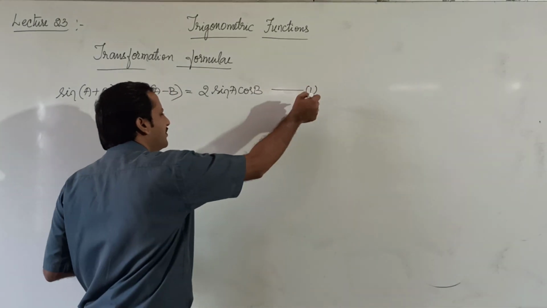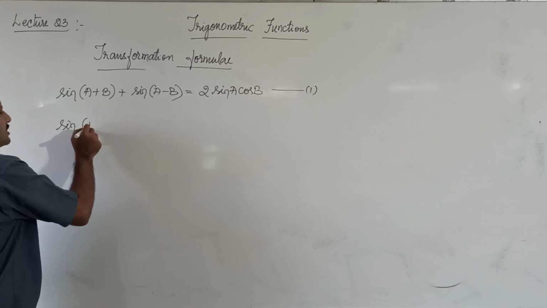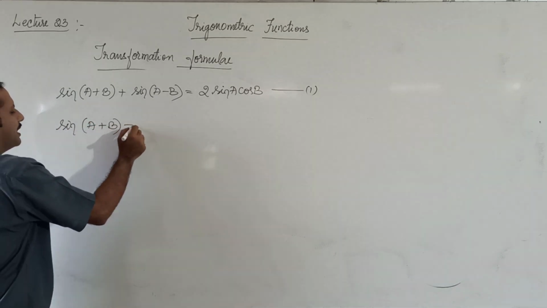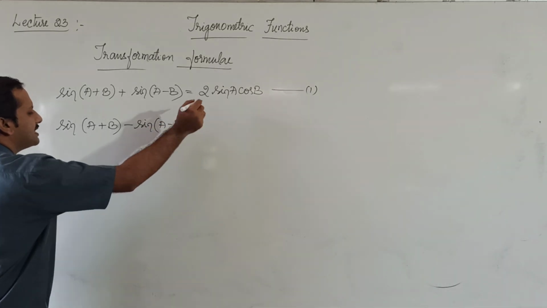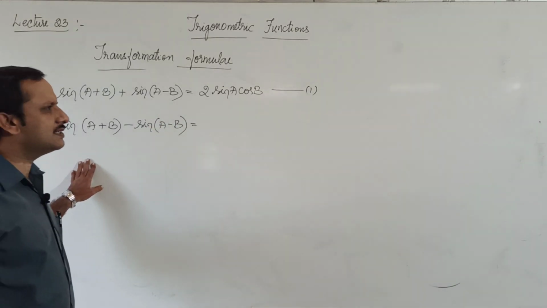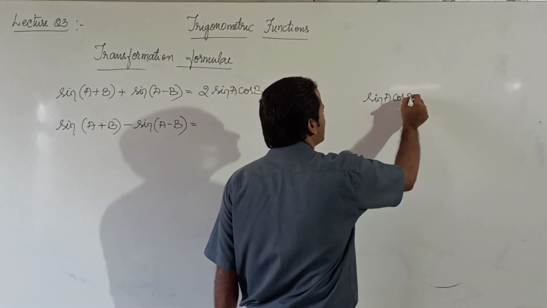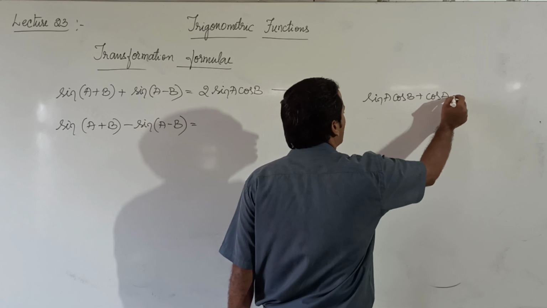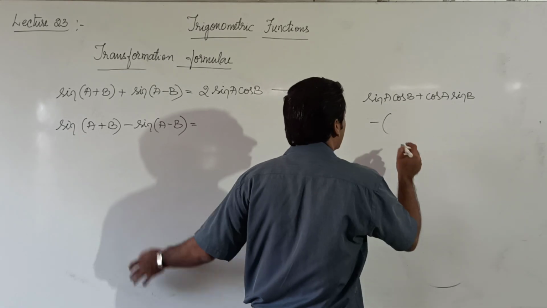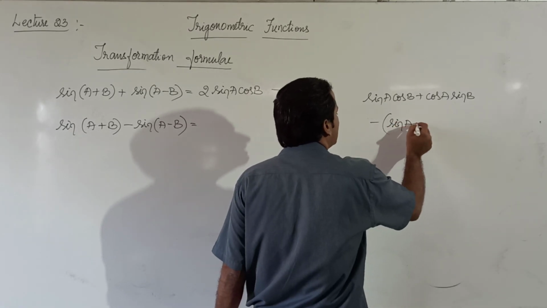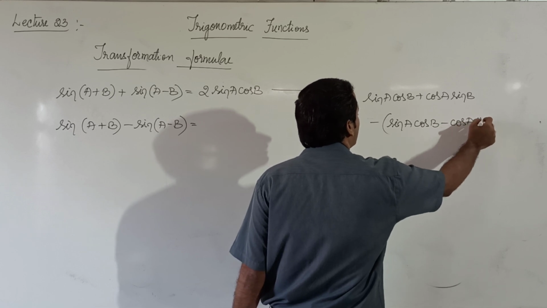I will call this equation 1. Then I will take the difference, sin(a+b) - sin(a-b). sin(a+b) is sin a cos b plus cos a sin b, minus of sin(a-b). sin(a-b) is sin a cos b minus cos a sin b.